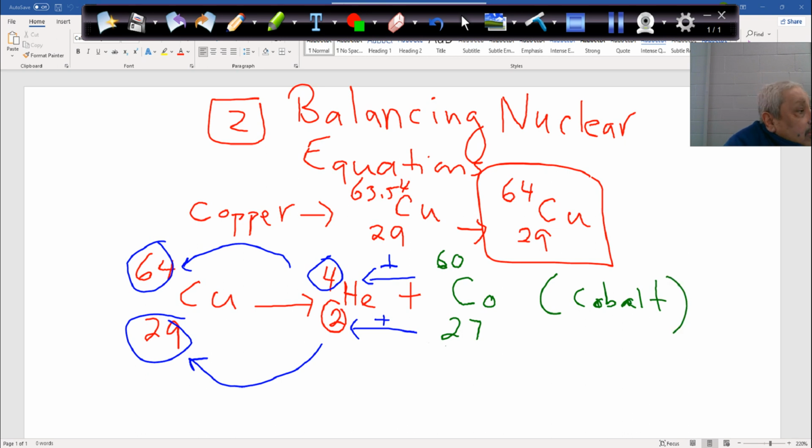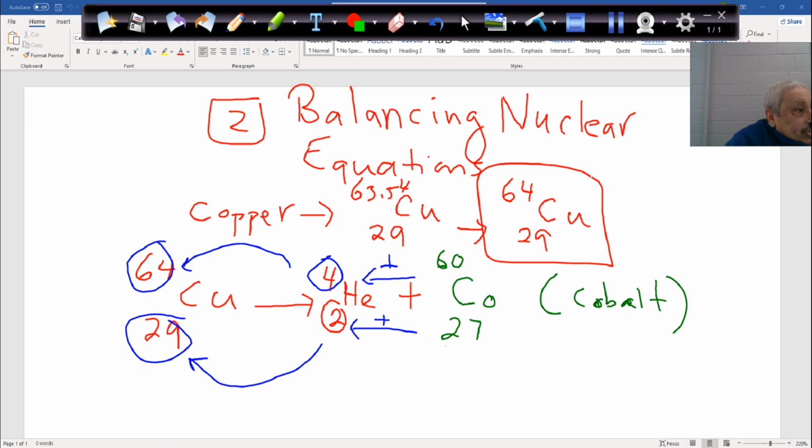Okay, guys, make sense? That's the alpha radiation. If copper by chance gives off alpha radiation, I'm producing this new element, cobalt, out of this copper.